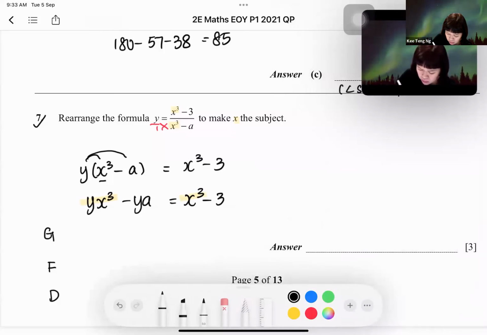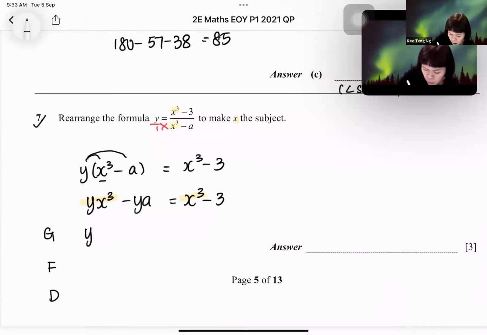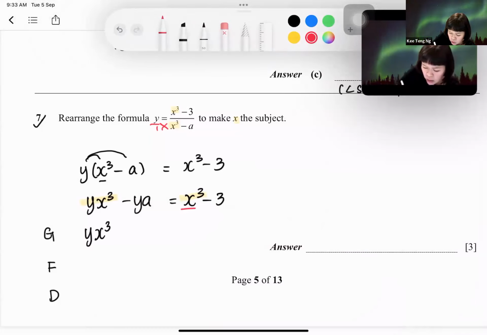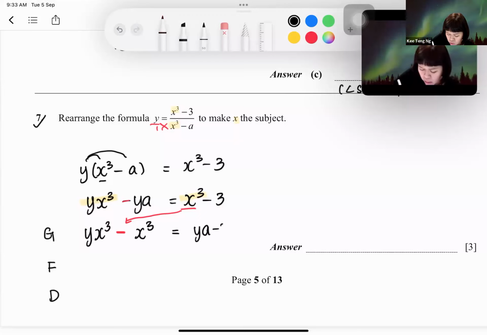Let's open. Okay, I'll keep yx cubed and bring x cubed over here. This one will become minus x cubed. Then I'll bring the ya over. From negative ya, it becomes positive ya minus 3.